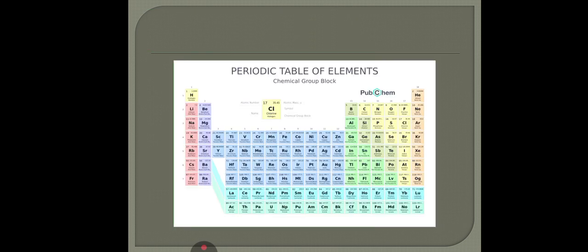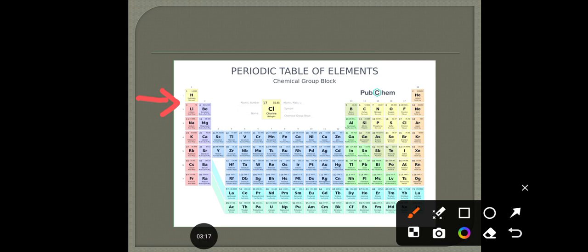Suppose you take the first period, n1. In n1 there are a maximum of 2 elements. For the principal quantum number, as we all know, the rule is the 2n square rule.